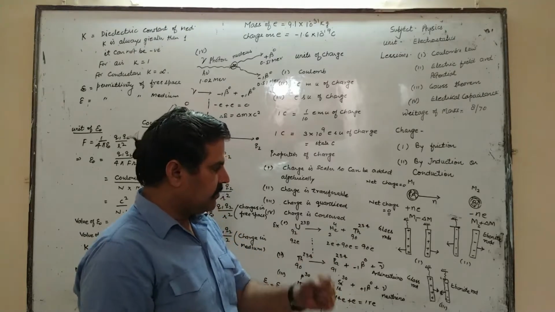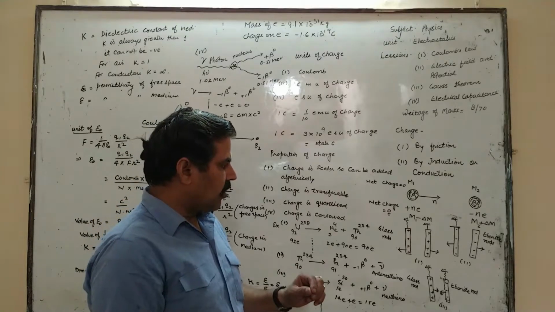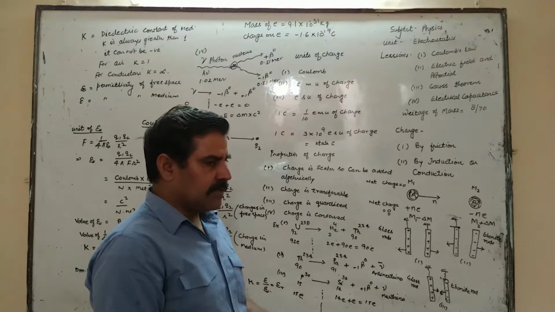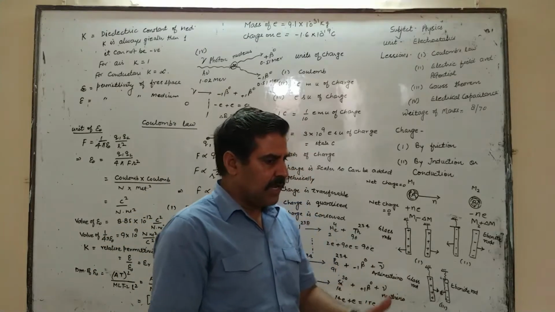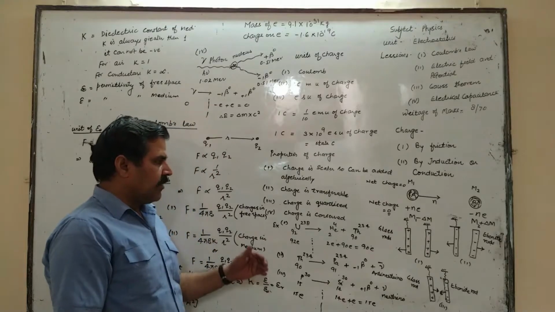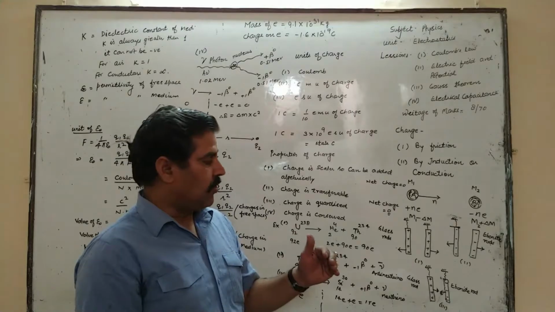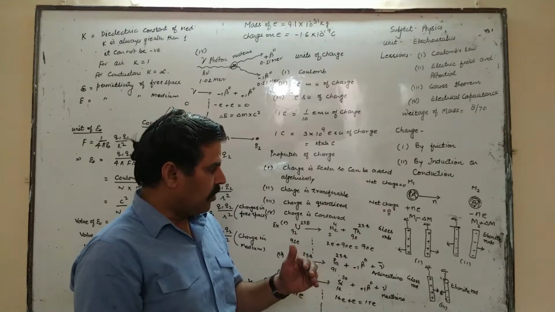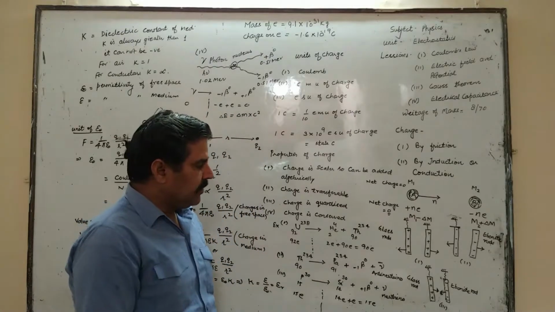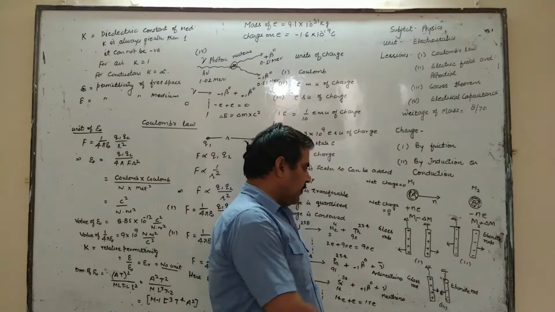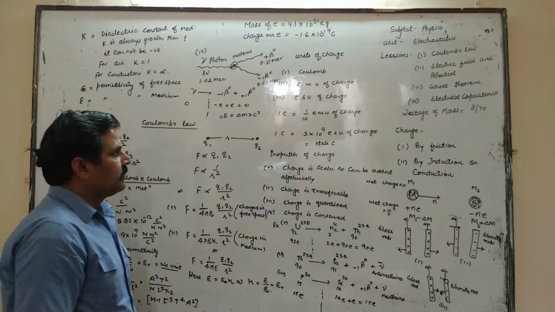Then they attract. It means the charge developed on the glass rod is one type, and the charge developed on the ebonite rod is of the other type; they are opposite. So, when two bodies have similar charge, they repel each other, and when the bodies have opposite charge, they attract each other.